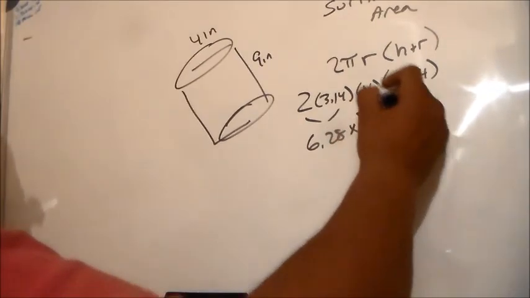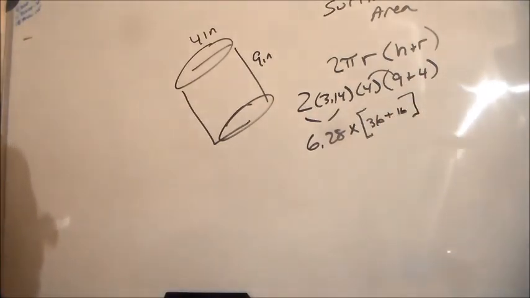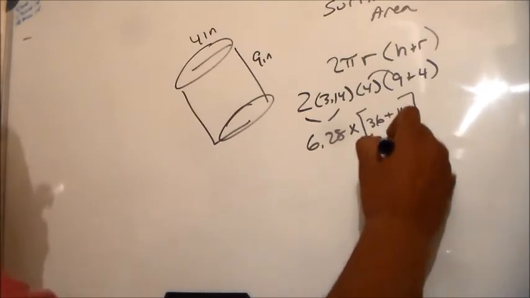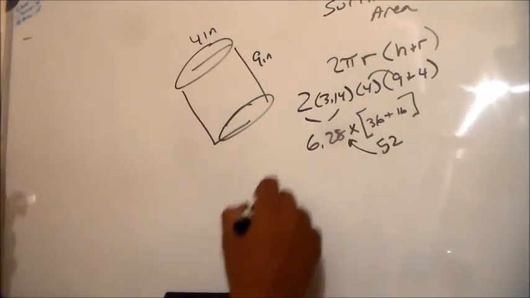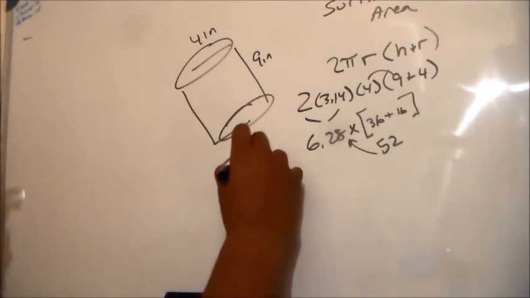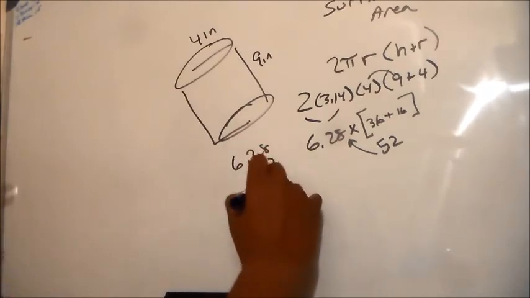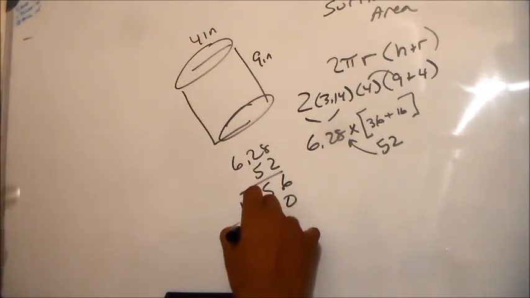I'm going to bracket that because 4 goes in 36 plus 16, so we're going to make this 52, and then that's going to come out of there and be multiplied. So 6.28 times 52.